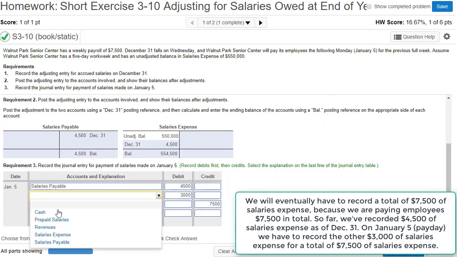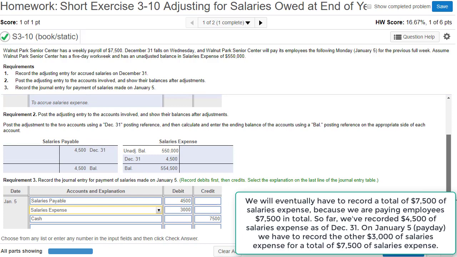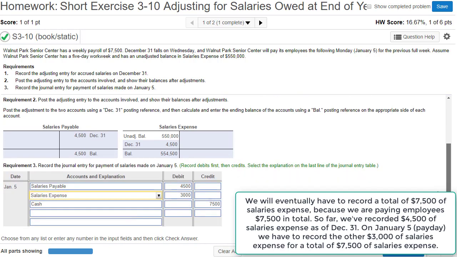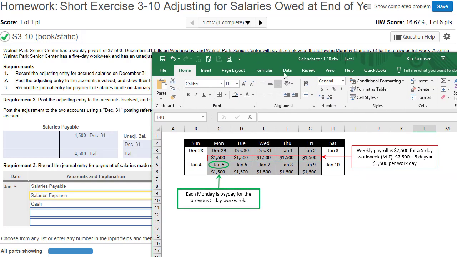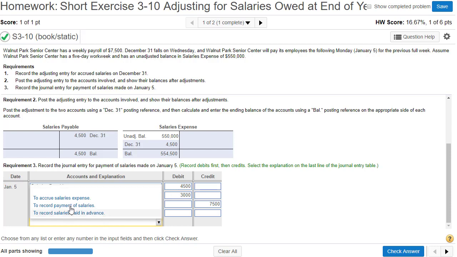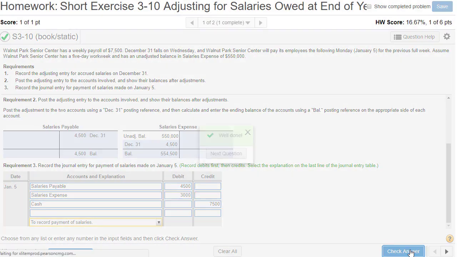Notice also that when we combine the two salaries expenses, they have to equal $7,500. We have salaries expense of $4,500 here, plus salaries expense of $3,000 here, which gives us the total salaries expense for the full week of $7,500. And then the explanation is to record payment of salaries. And that's it.